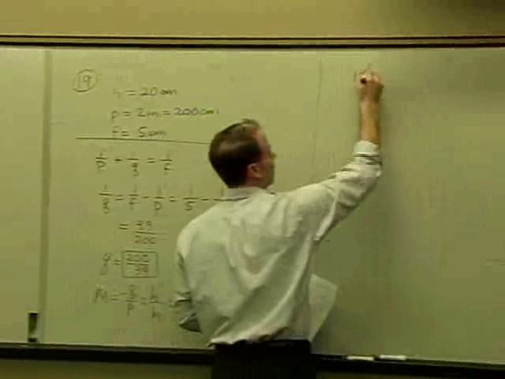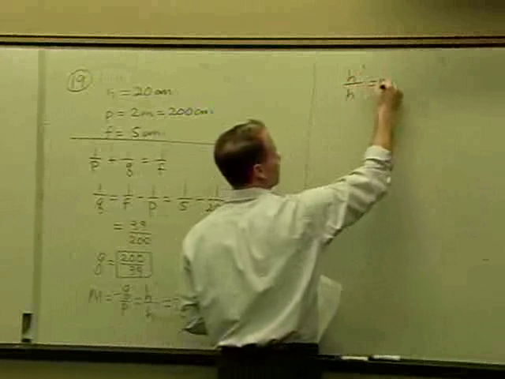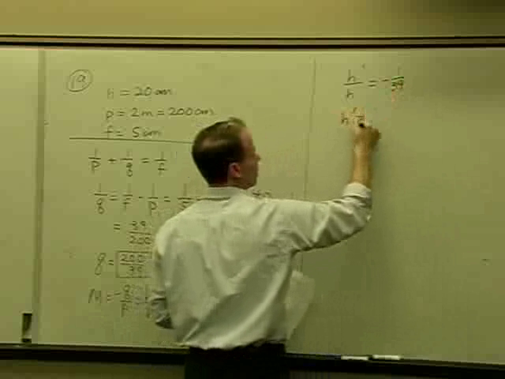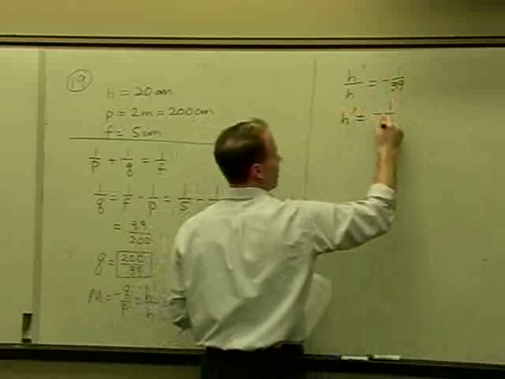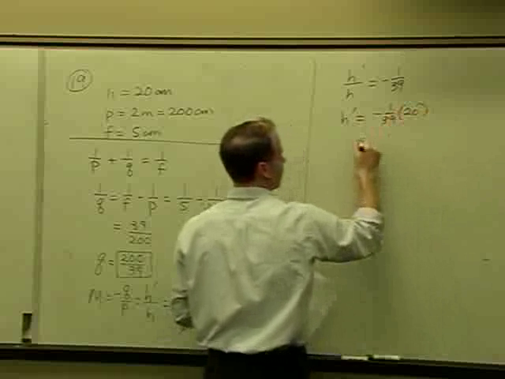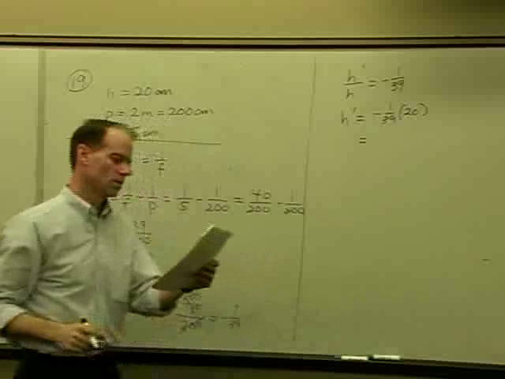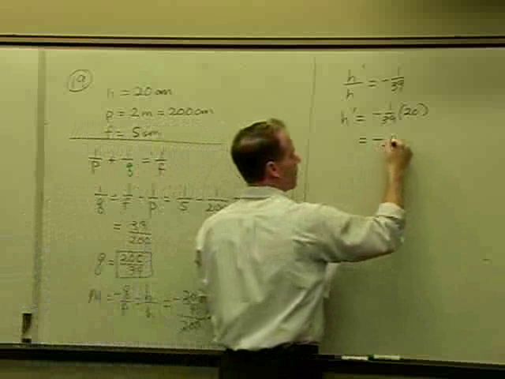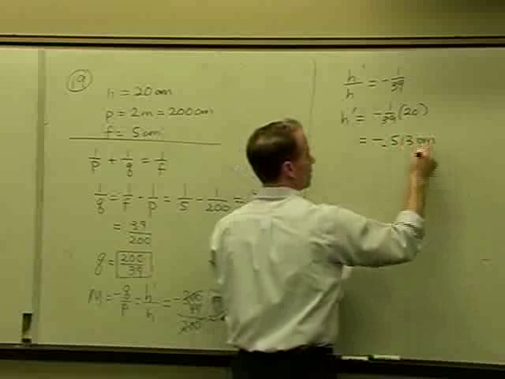So we have image height over object height equals a negative 1 over 39. So image height will equal a negative 1 over 39 times 20, which would equal a negative 0.513 centimeters.